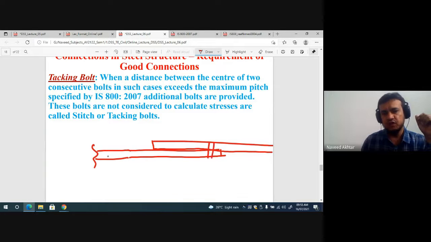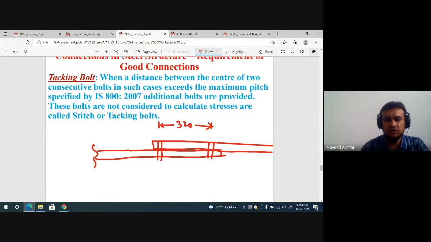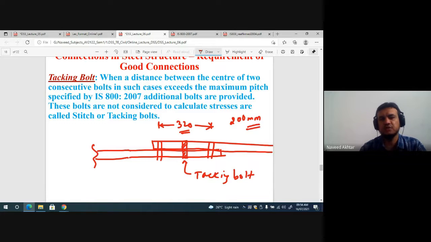So if you provide one bolt here and one bolt here, and the distance between the two bolts is more than 200, you have to provide an additional bolt here, and this bolt is called a tacking bolt. Because otherwise it does not match the clause, as 200 mm is the maximum limit for tension and compression.